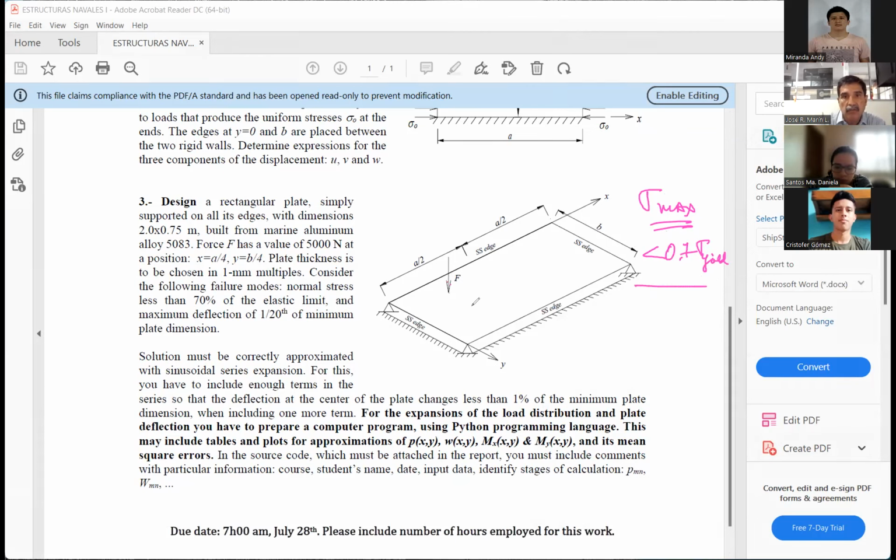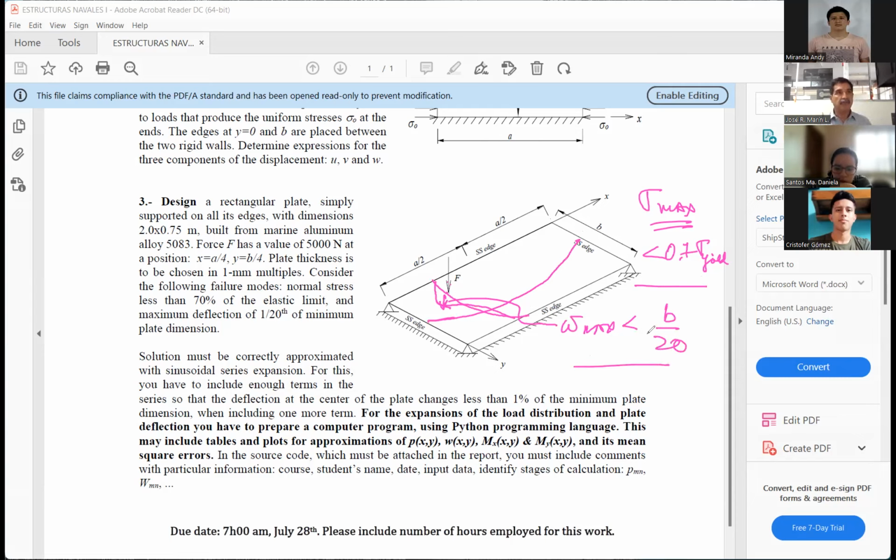But also, you're going to have a deflection curve. So the maximum deflection, maybe it's possible that you have something like this, because you have here the application. So if you have the maximum, W max has to be less than B over 20.